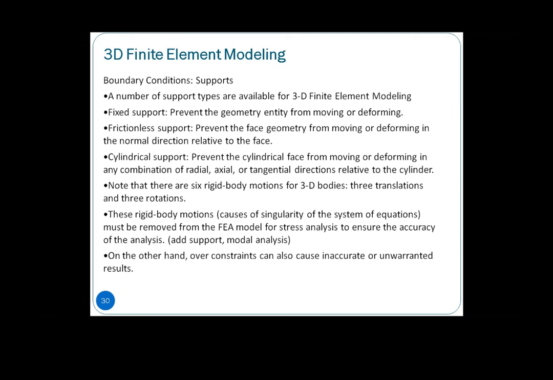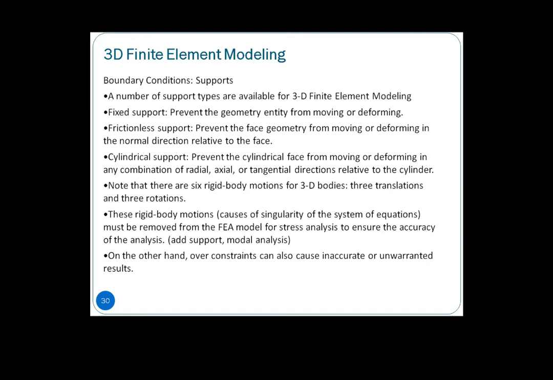Then under supports, we have to ensure that when dealing with deformations and solid mechanics problems, the model is constrained correctly. You know that in our analysis there is a total of 6 rigid body motions: 3 translations and 3 rotations.